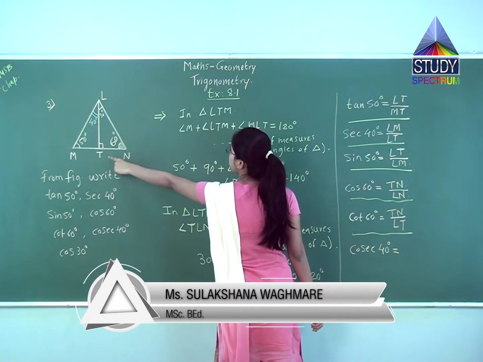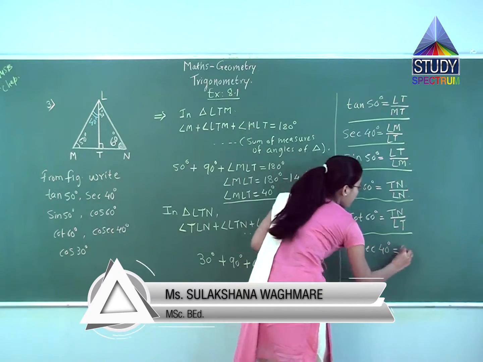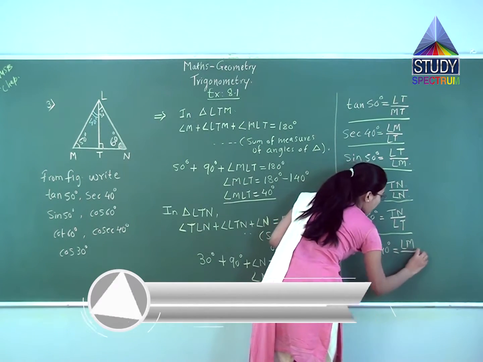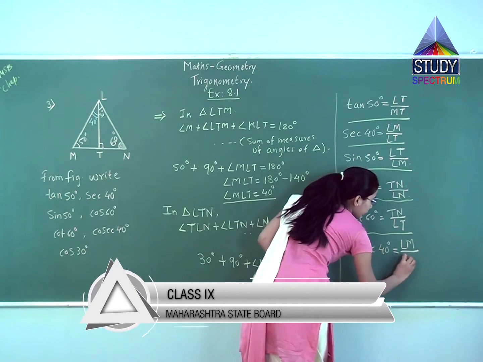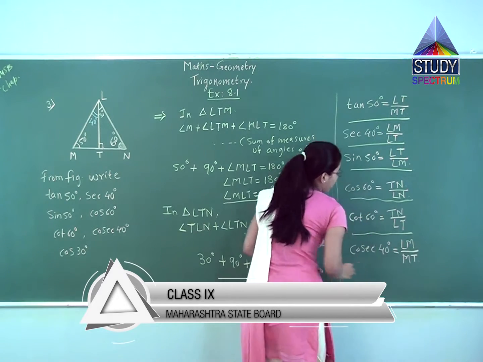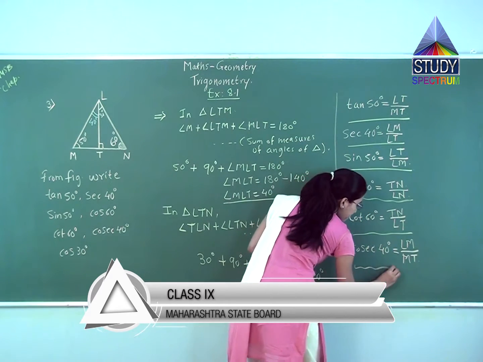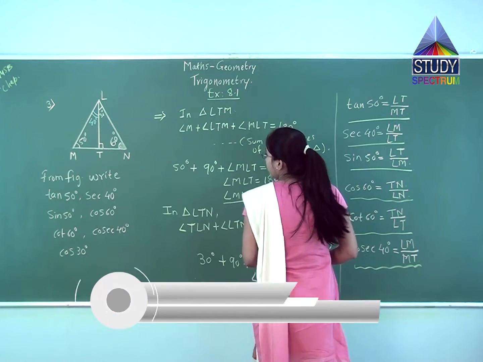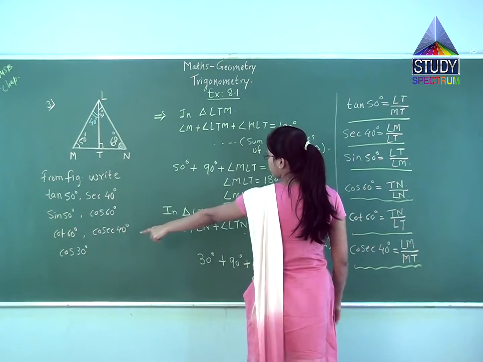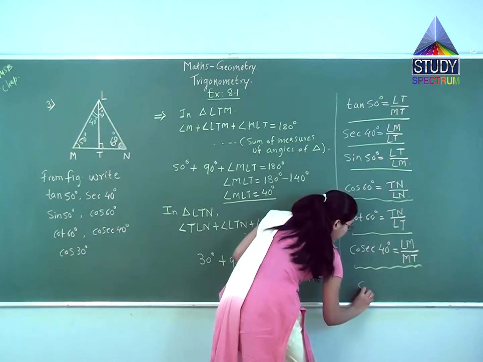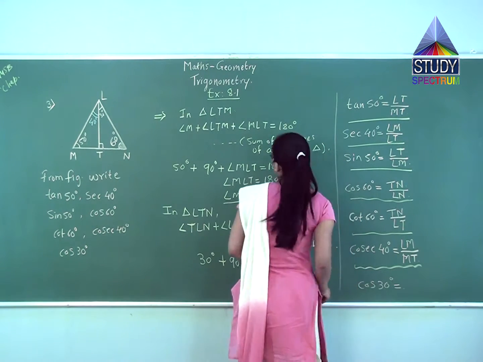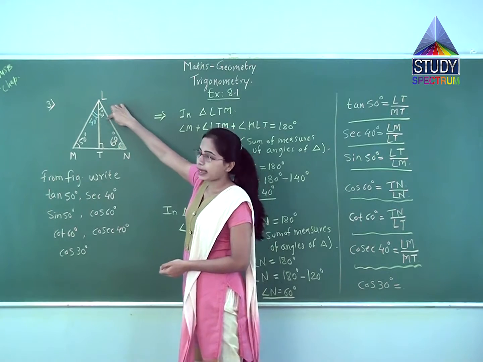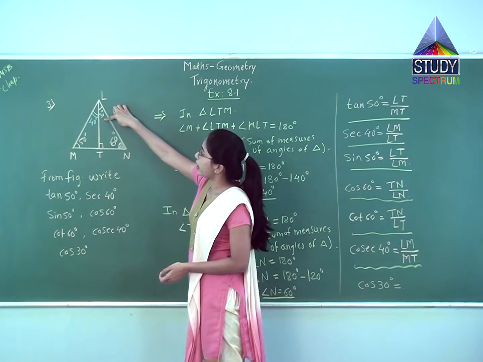So the hypotenuse is LM and the opposite side is MT. Then the last ratio we have to find is cos 30 degrees. 30 degrees means this angle, so we will move to the second triangle.